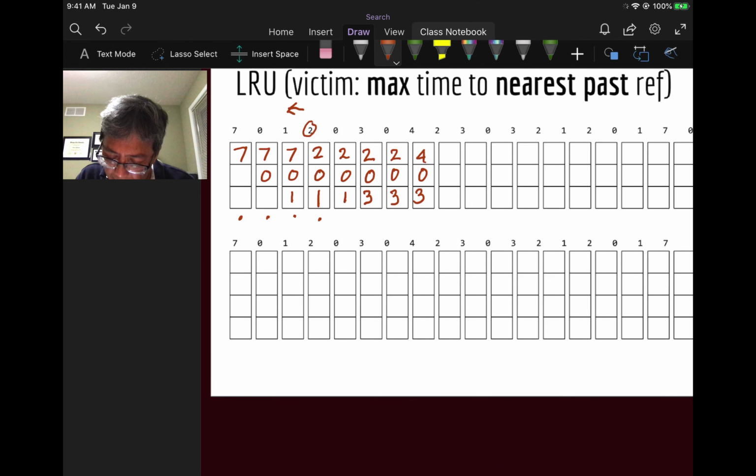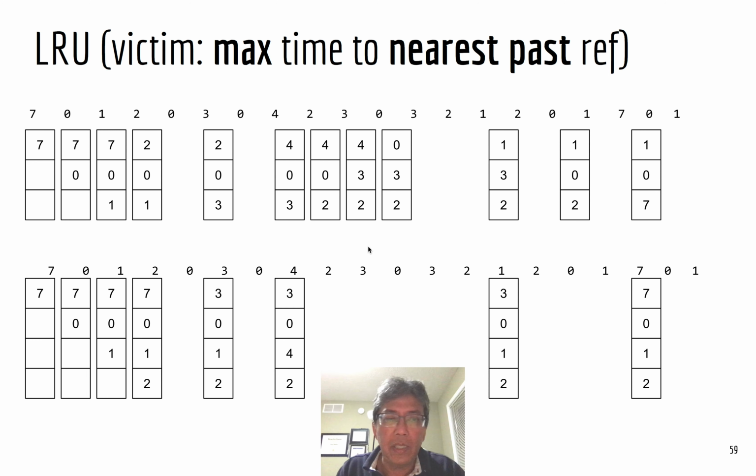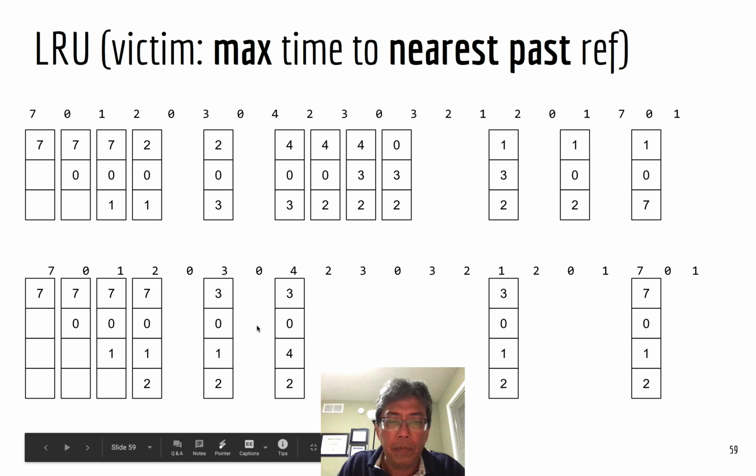And in that case, page 3 has the highest backward distance. So we're going to replace 3 with 2 and keep going. So this is the final answer to the LRU algorithm. And again, if you count the number of page faults for the 2 cases, as we increase the number of frames from 3 to 4, we expect to see a lower page fault rate.